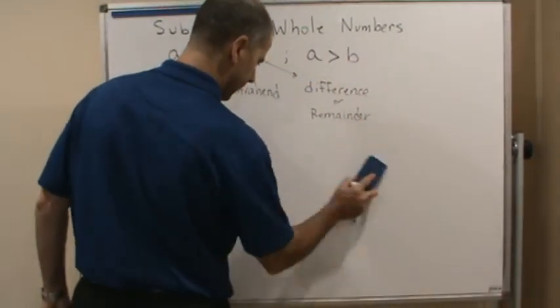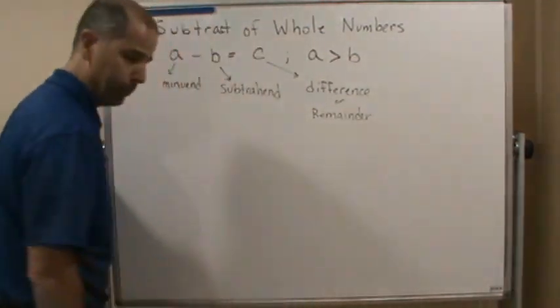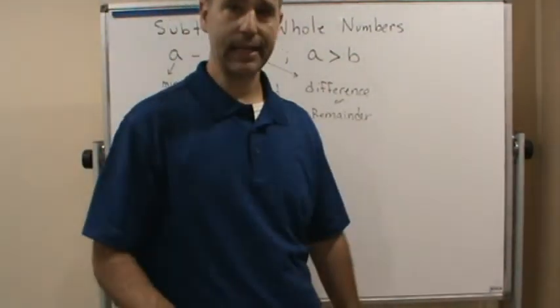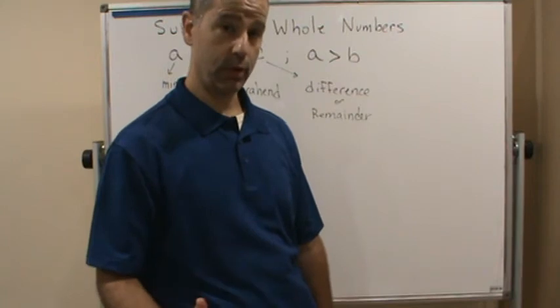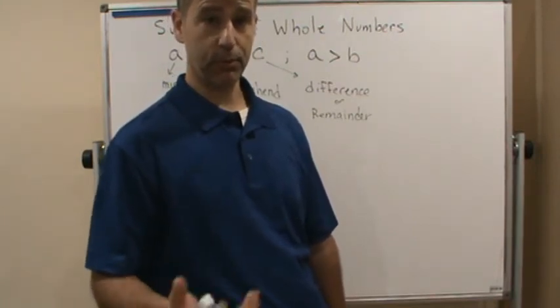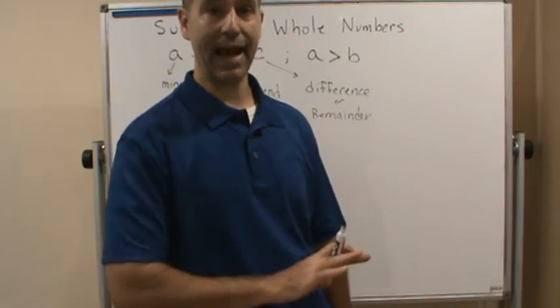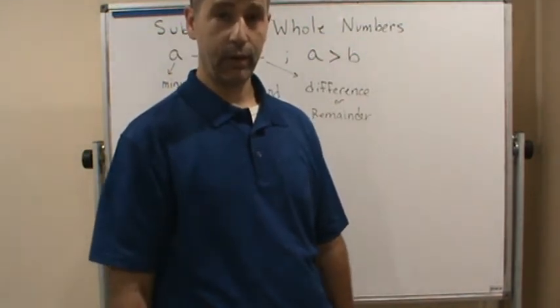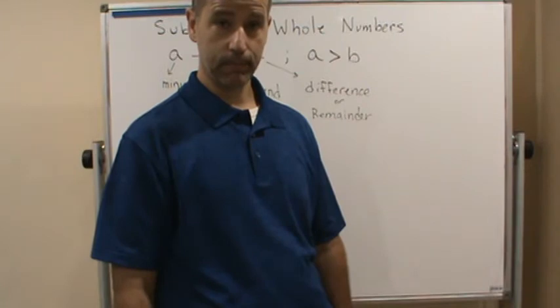Okay? So that brings up another point that I want to make. The operation of subtraction is not commutative, and it's not associative. So the associative property and the commutative property do not work with whole numbers.